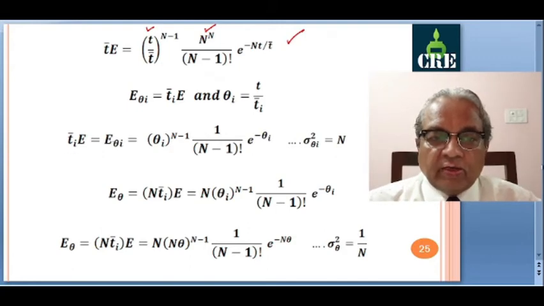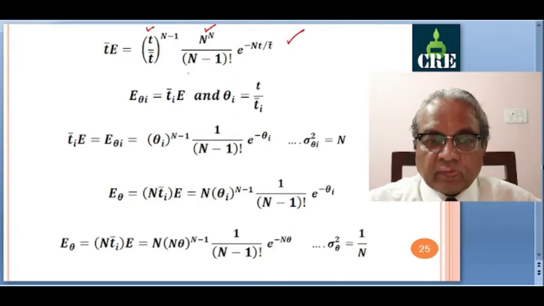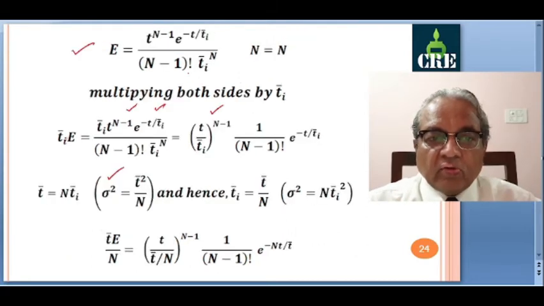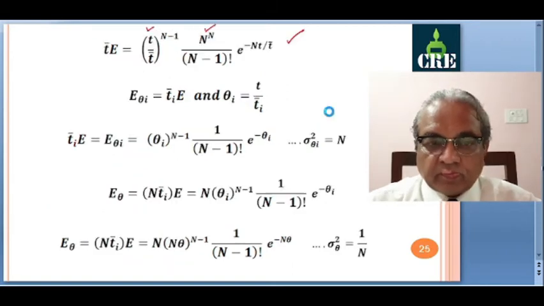So ti bar E is equal to E theta I, which we have already written here: t by t bar raised to n minus 1, and here e raised to minus t by ti bar.